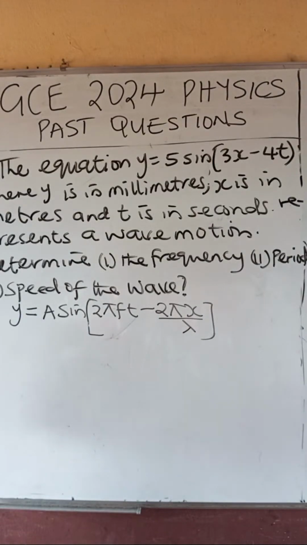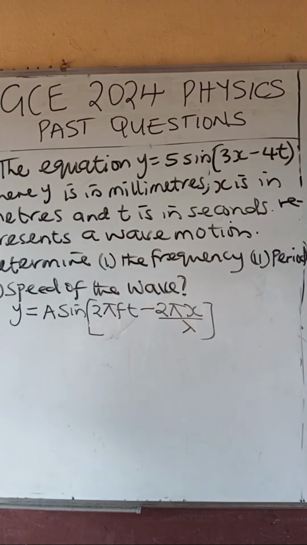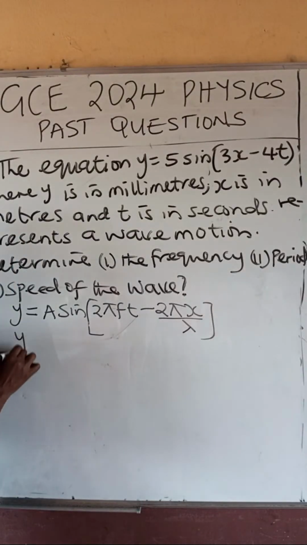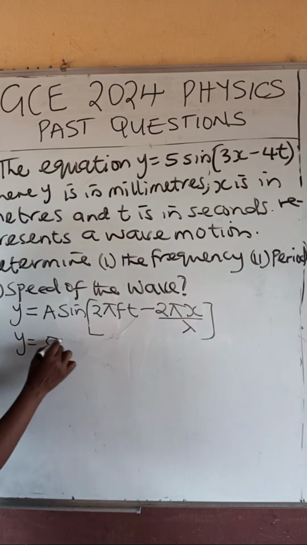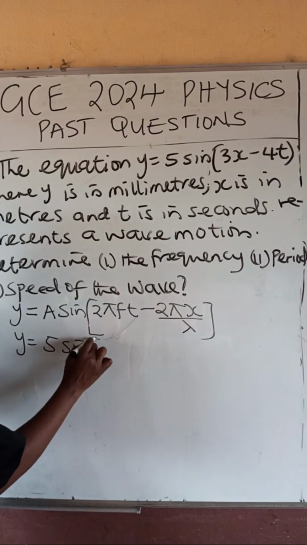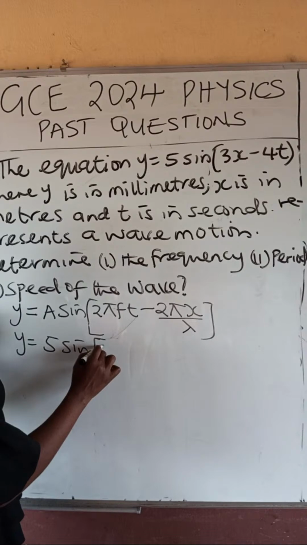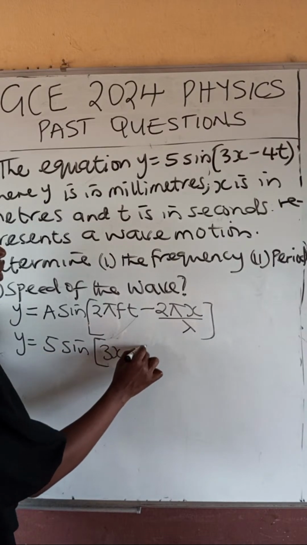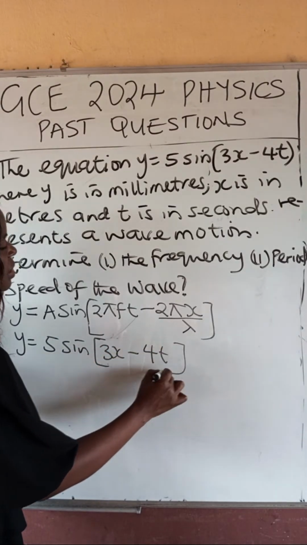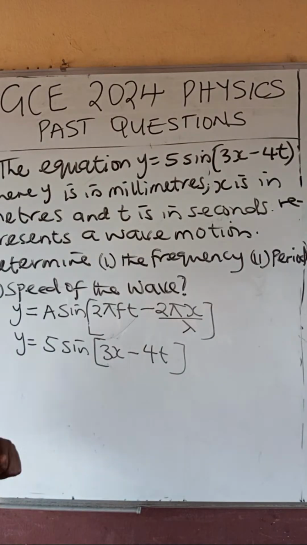This is a progressive wave equation, and we are going to compare it with what we are given to find the unknown. For us to do that, we relate it with the equation given to us: y = 5 sin(3x - 40).